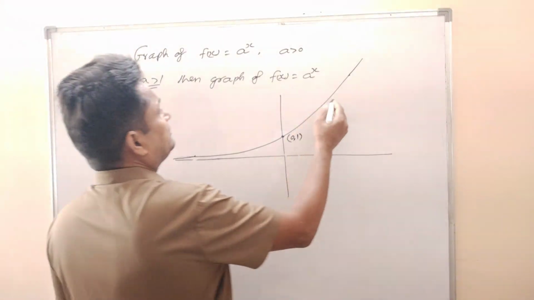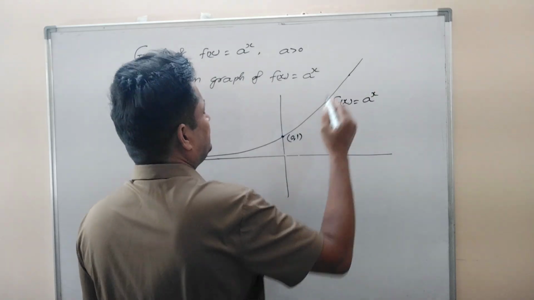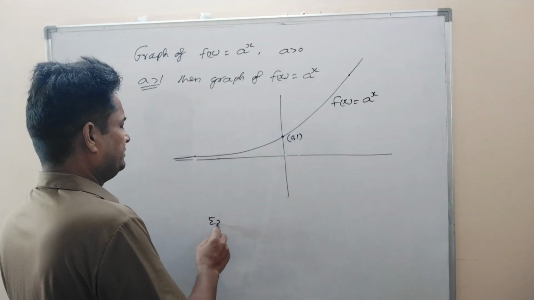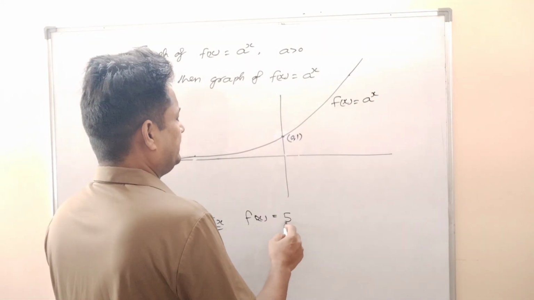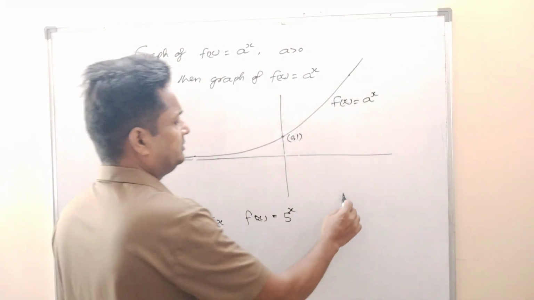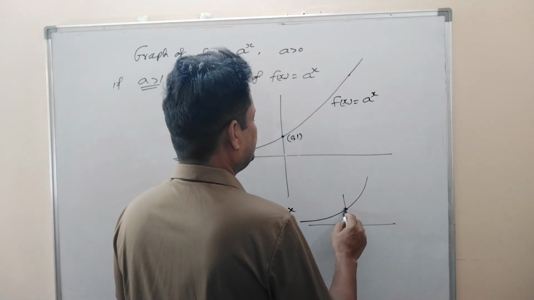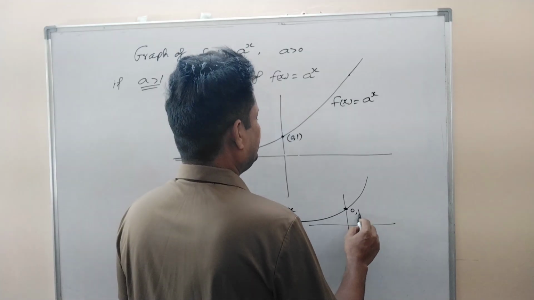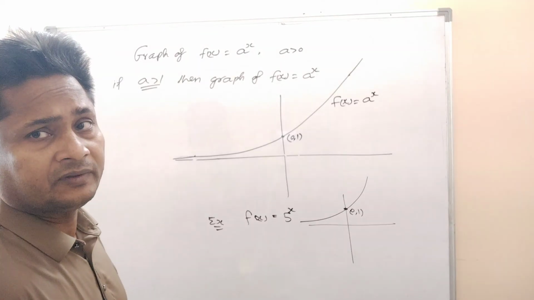So this is the graph of f(x) = a to the power x. Example, let's say f(x) = 5 to the power x. Then what will be the graph of this one? The graph will always be like this, and the intersection point will always be (0, 1). Right.